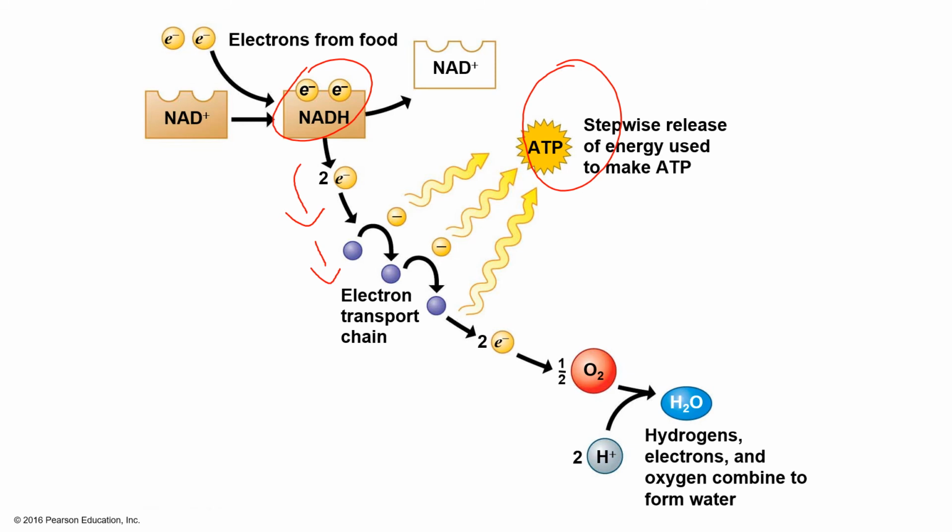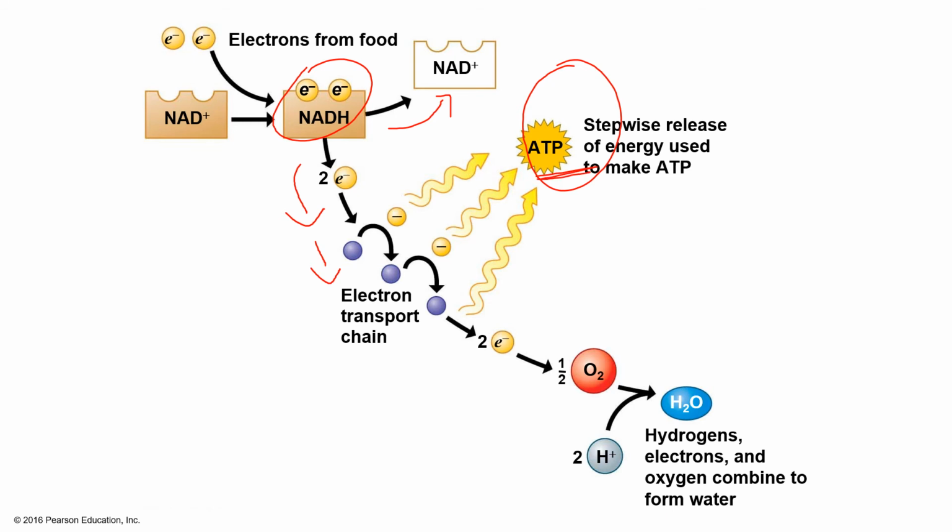So once the NADH releases all of the electrons it's been carrying, it turns into NAD positive, which are just those empty buckets that can be recycled in glycolysis and the Krebs cycle so that they can get refilled with more electrons. As the electrons descend during the electron transport chain, ATP will be made.